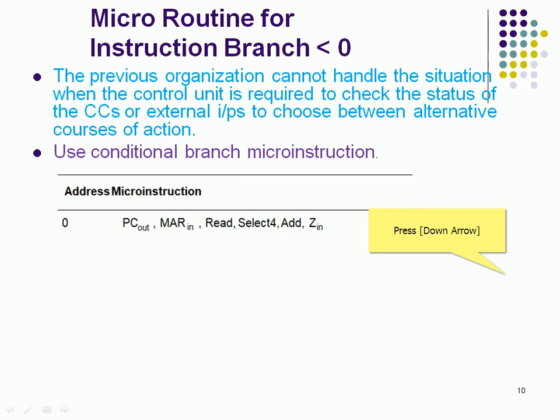That is PC out, MAR in, read, select 4 for Z in, add, Z in, which we have discussed enough, then PC out, Z out, PC in, Y in, and wait for the memory function. So the program counter will be updated, and it waits for the memory function, because in the previous clock pulse the memory read operation was initiated.